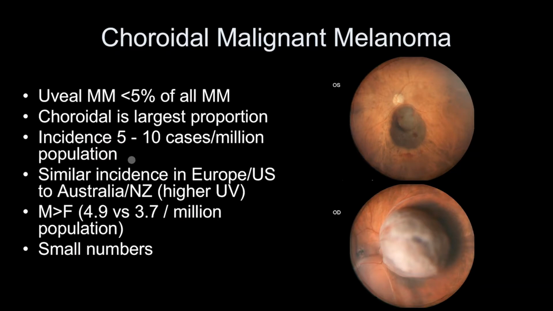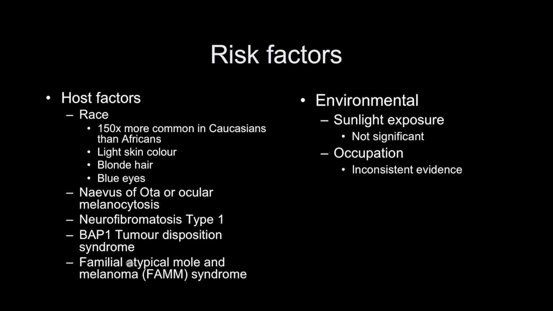The incidence is 5 to 10 cases per million of population. And it's a very similar incidence in Europe and the US compared to Australia and New Zealand, where there is much, much higher UV light exposure. Males are slightly more commonly affected than females, and overall small numbers generally of melanoma.